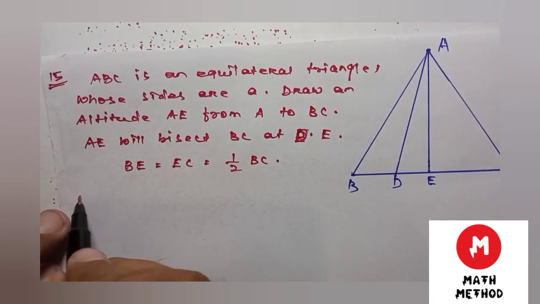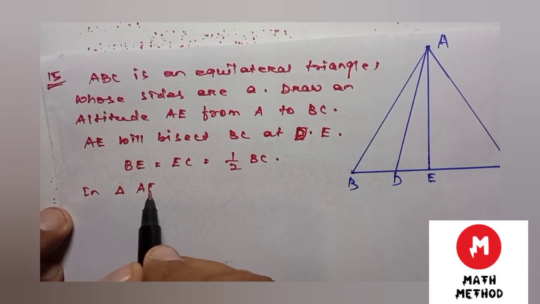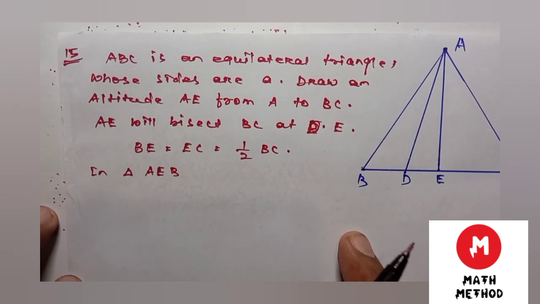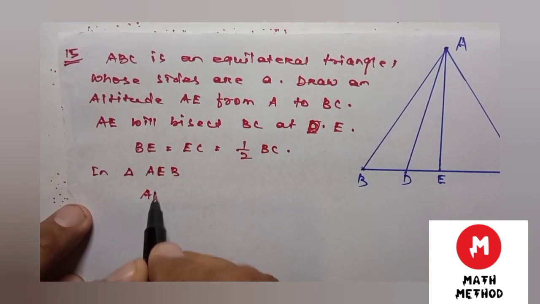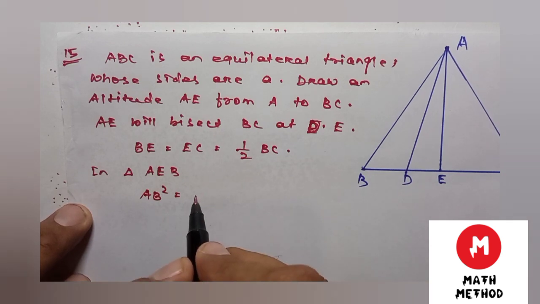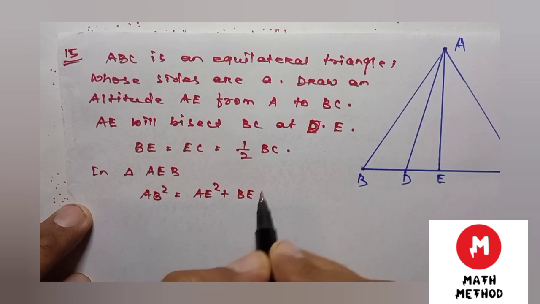Now in triangle AEB, AB square is equal to AE square plus BE square.